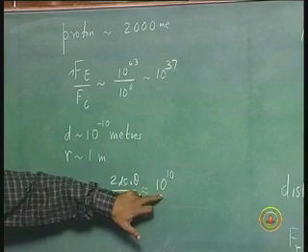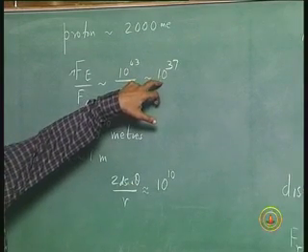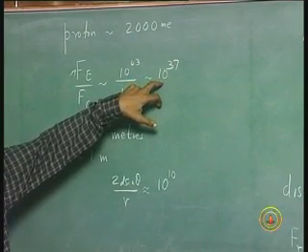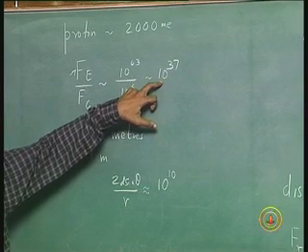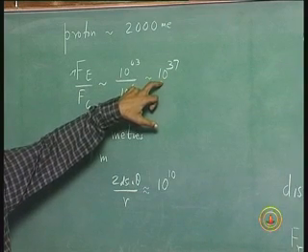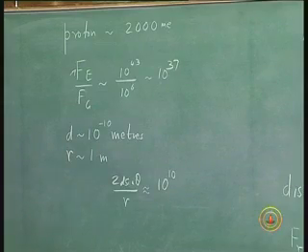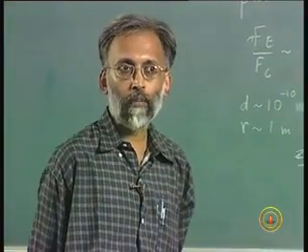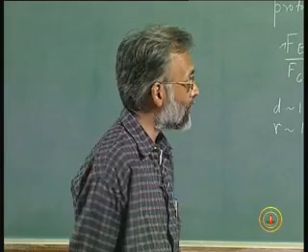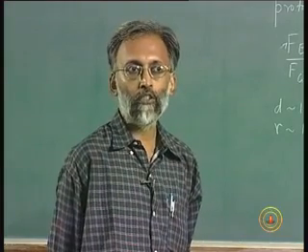Now, 10 to the minus 10 can reduce 10 to the 37 to 10 to the 27. But 10 to the 27 is still a very large number, which means that this talk about having equal numbers of electrons and protons does not explain why gravitation dominates.